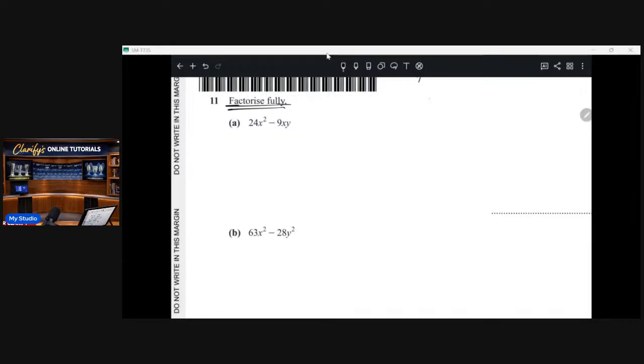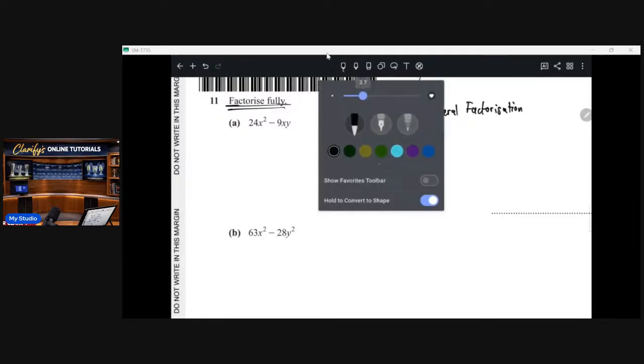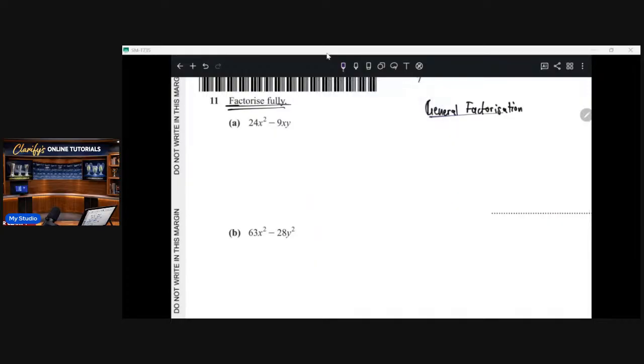Method number 1 is general factorization, and this is the one you use when all the other 3 cannot work. Method number 2, which you always start with, is called difference of 2 squares. This is the one you look for first.